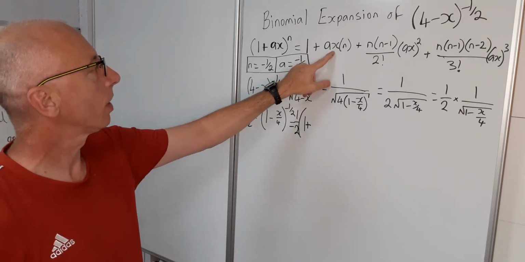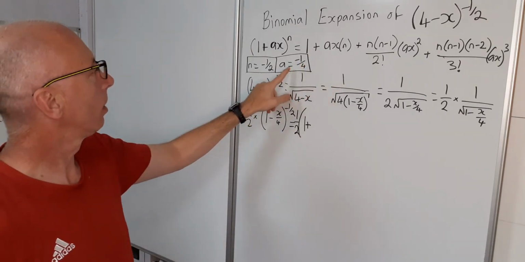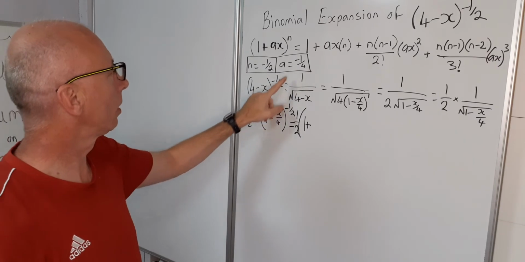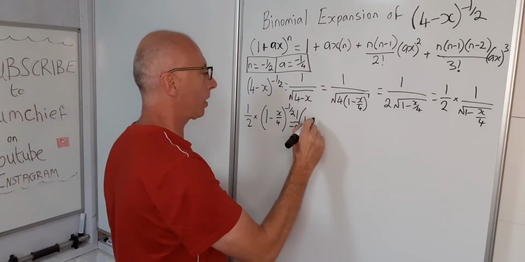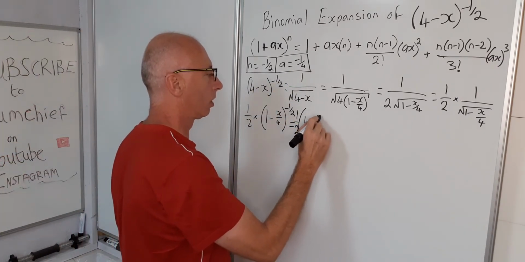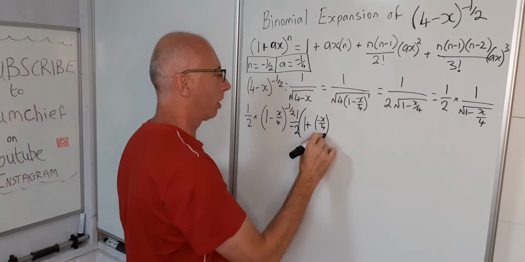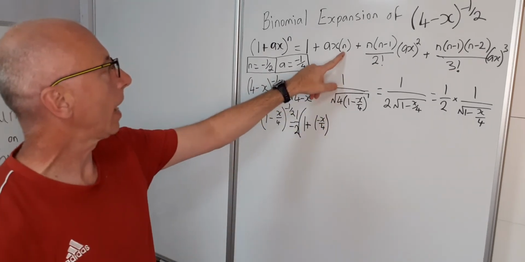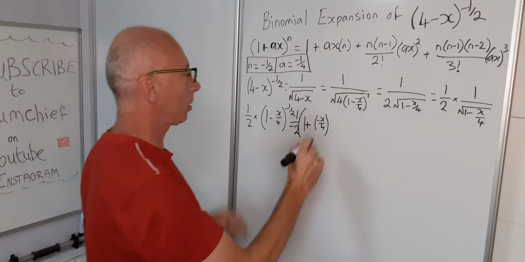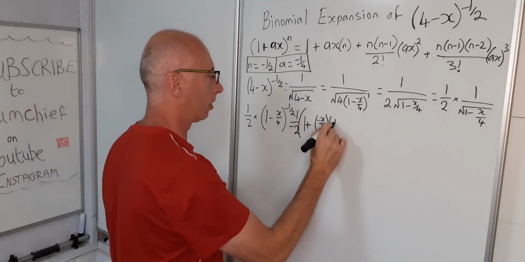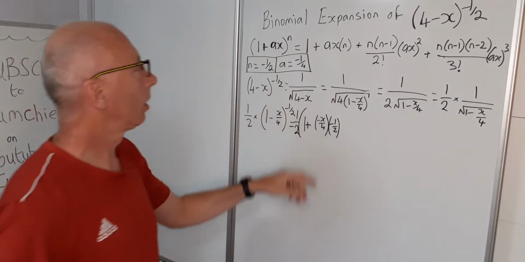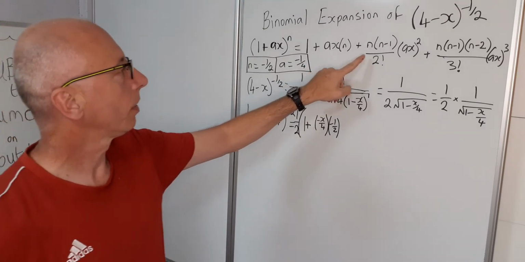So 1 plus ax, well ax is minus 1/4 times x, so that's minus x over 4, times by n, times by minus 1/2. Okay, that's that term taken care of.